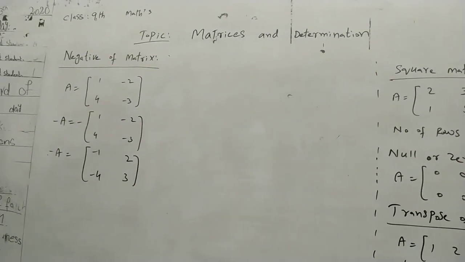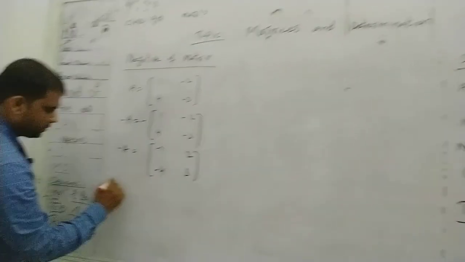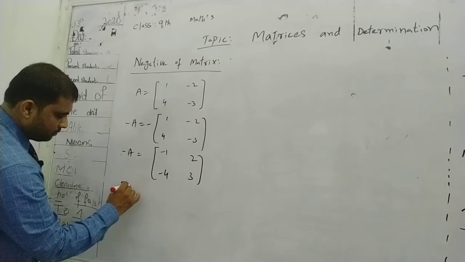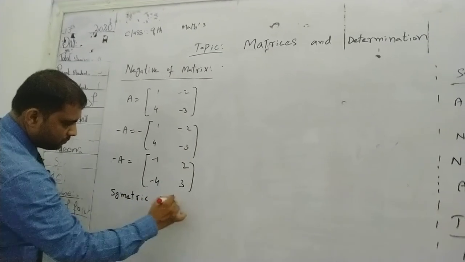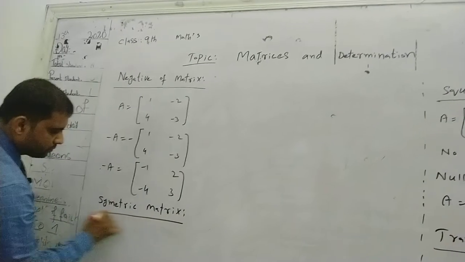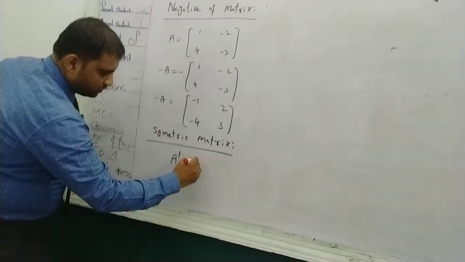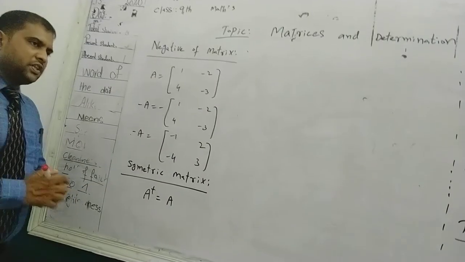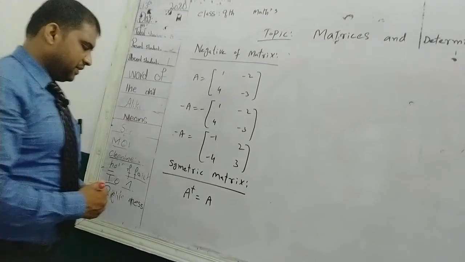Now symmetric matrix. If we take a transpose and after transpose the answer remains same, so A transpose is equal to A, the matrix is said to be a symmetric matrix.